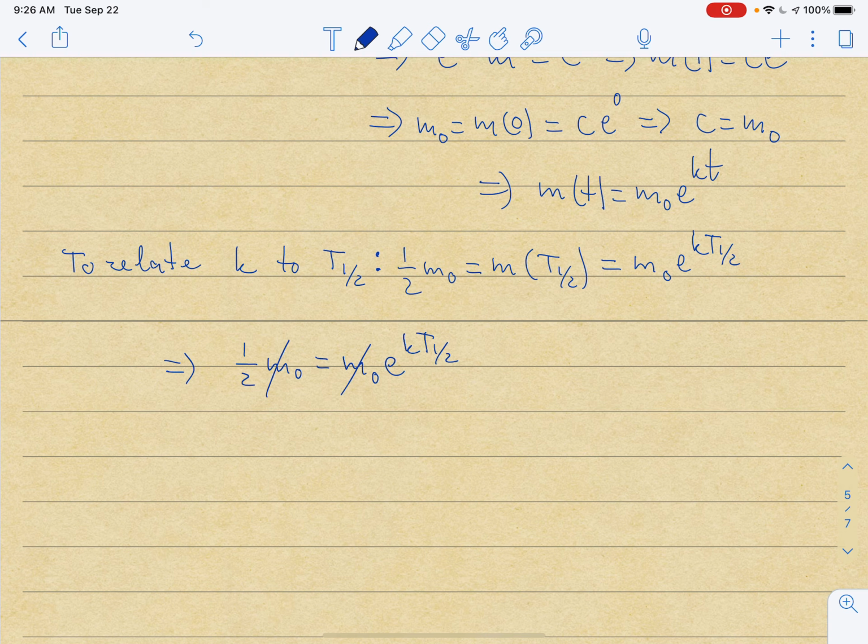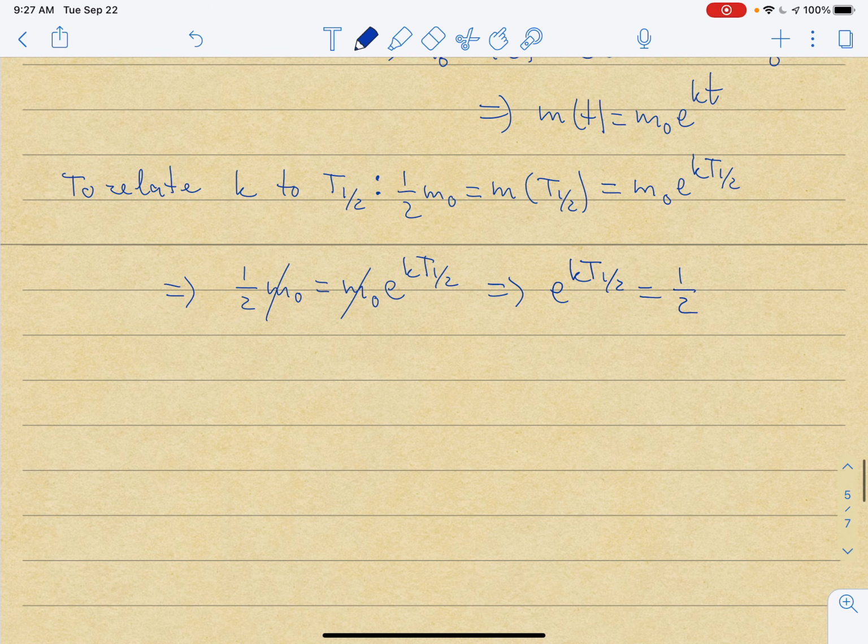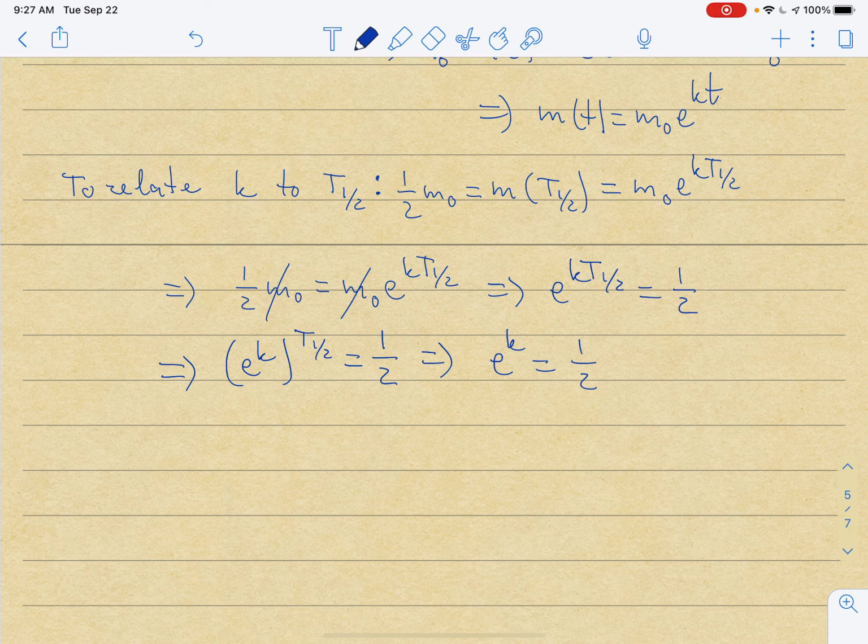I can cancel m naught from both sides. So e to the minus k times t 1/2 must be equal to 1/2. This I can rewrite as e to the k to the power t 1/2 is equal to 1/2. And then taking the t 1/2 root of both sides, e to the k should be 1/2 to the power 1 over t 1/2.